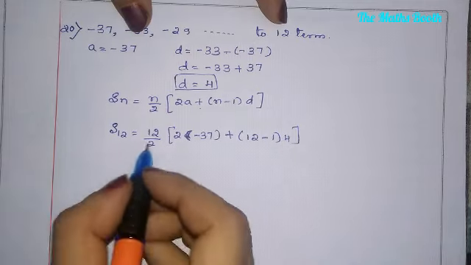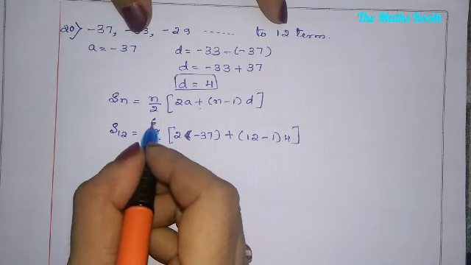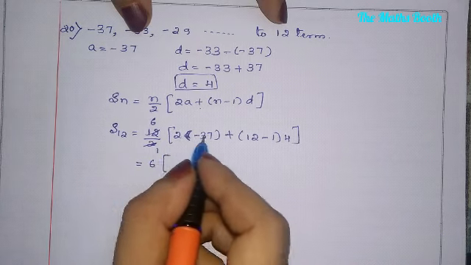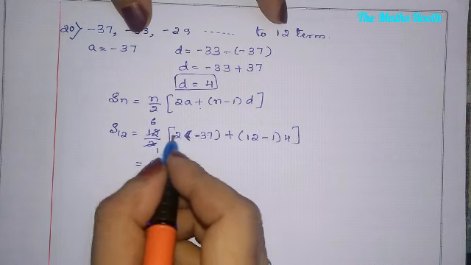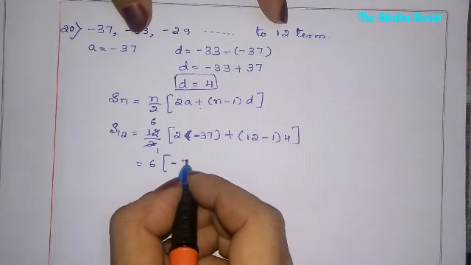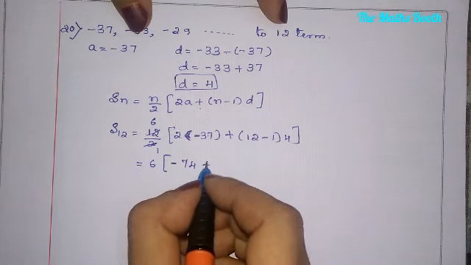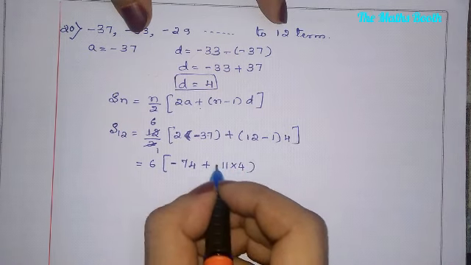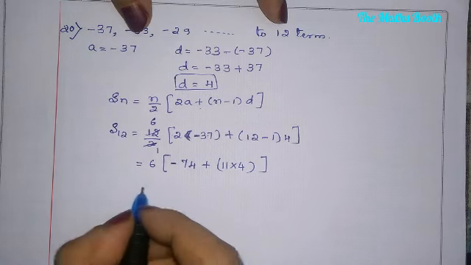So let us solve this. 2 ones are 2, 2 sixes are 12. 6 into 37 twos we have to multiply, minus 37 twos is 74, so the minus sign as it is. 12 minus 1 is 11 into 4, 11 into 4 we have to do.